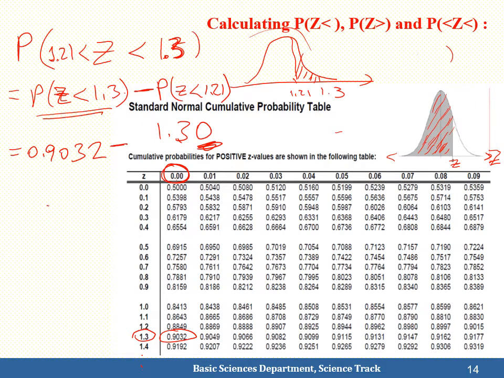Then minus, let's look at 1.21. 1.21 means 1.2 and the 1 here, so we are finding this value here, 0.8869.